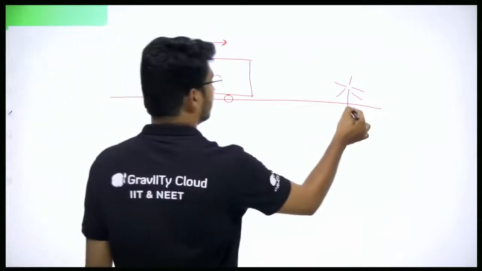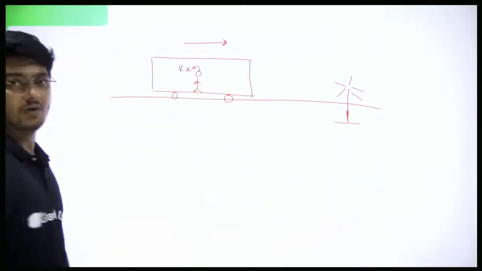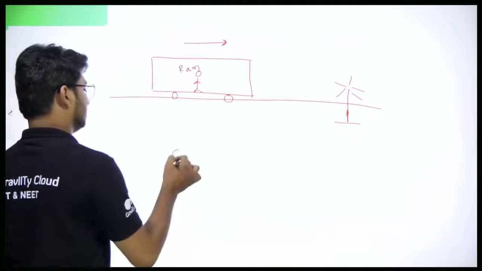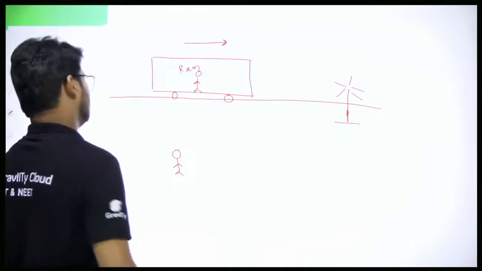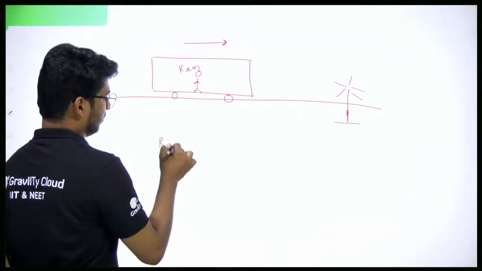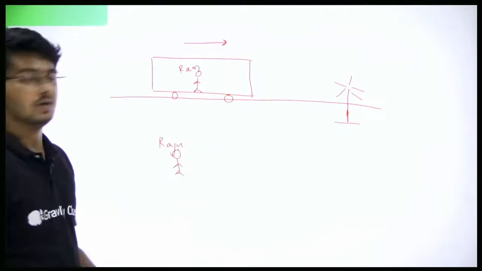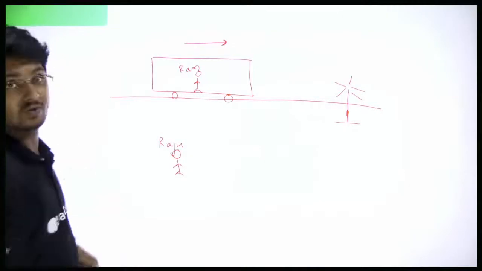Okay, there's a tree beside the road. Now I'll take another person here, just standing outside. So let's say here, I'll take Raju. So Ram and Raju. Ram is in the car. Raju is outside. Yes or no?